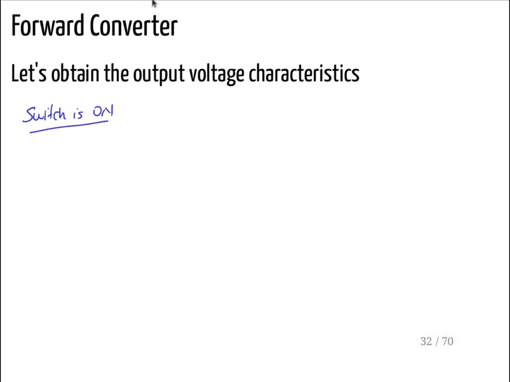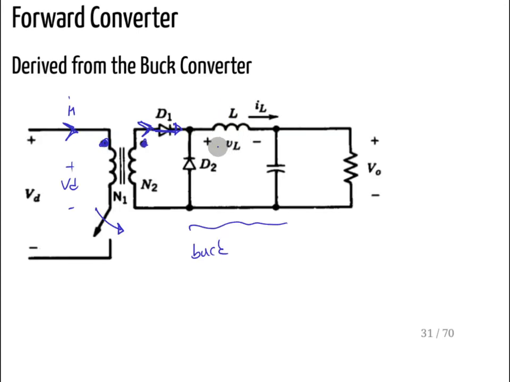So let's try to plot the VL, and we will derive the voltage characteristics. Let me first plot, trying to write the VL in the on condition.